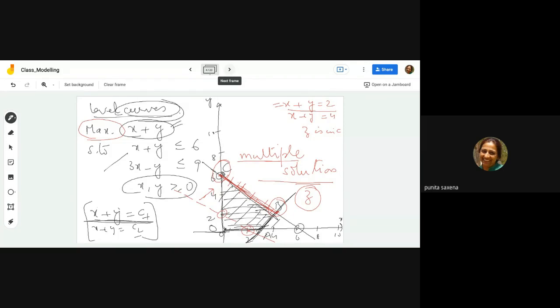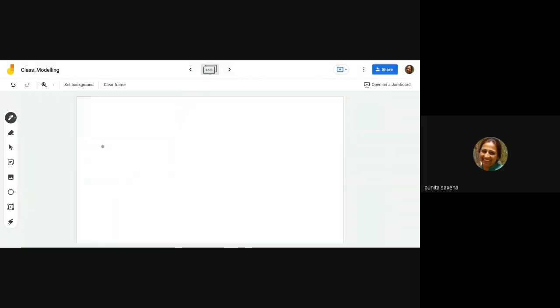Now, sometimes what happens is that, when you are plotting a problem, I don't know which problem will end up like that, but sometimes your constraints, this is the third situation we are talking about, are conflicting.